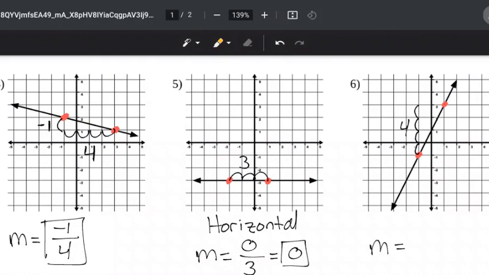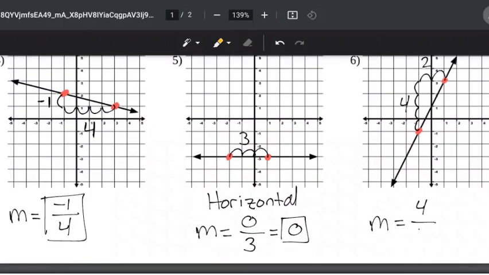So that is a rise of 4 and a run of 1, 2. 2 to the right is +2. You notice I did not pick points that were super close together, so we do have some simplifying to do. We can go ahead and divide by 2. And we get 2 over 1. Now, if you noticed, 4 divided by 2 equals 2. If not, you can get to this point, and you notice 2 divided by 1 gives a slope of +2.